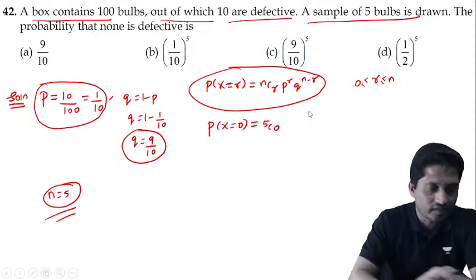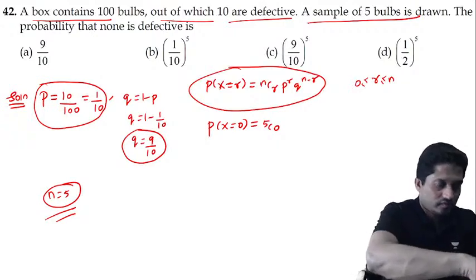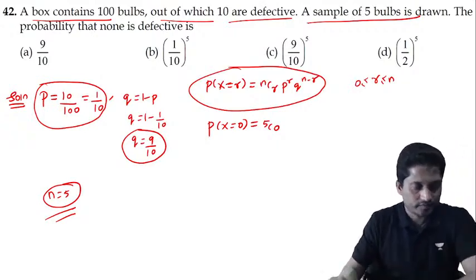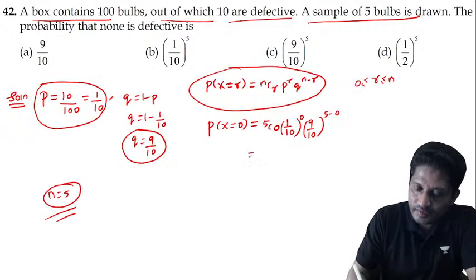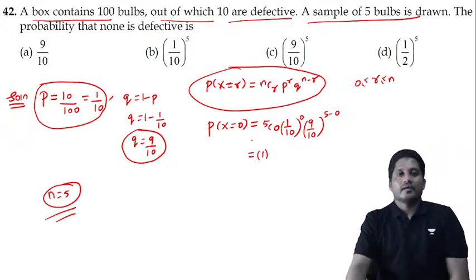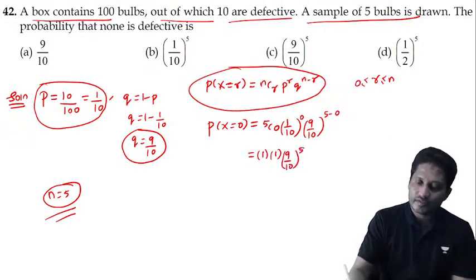So 5C0, P power r where P is 1 by 10 power 0, and then 9 by 10 whole to the power of 5 minus 0. 5C0 is 1, 1 by 10 power 0 is also 1, and then this is 9 by 10 whole power 5. Answer is option C.